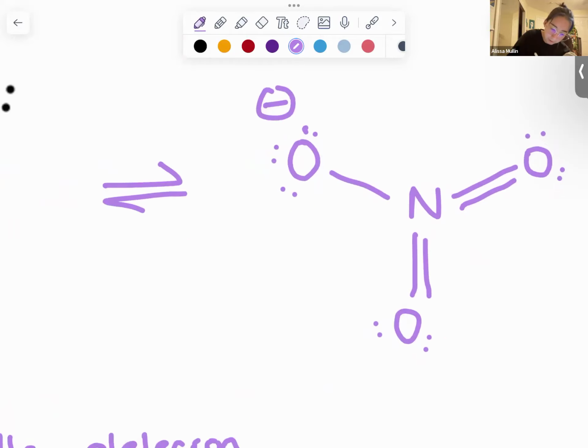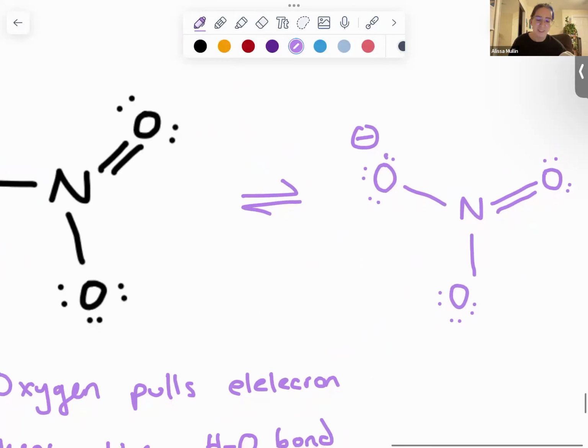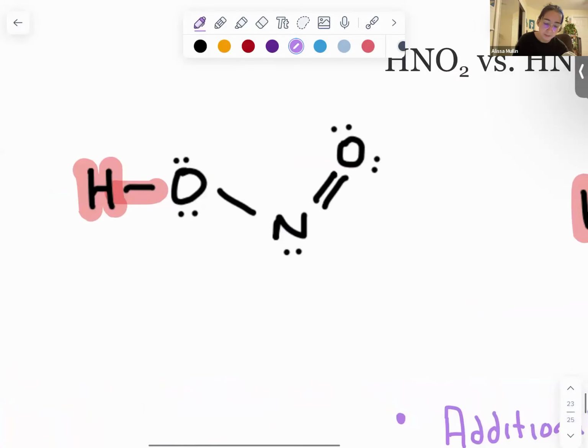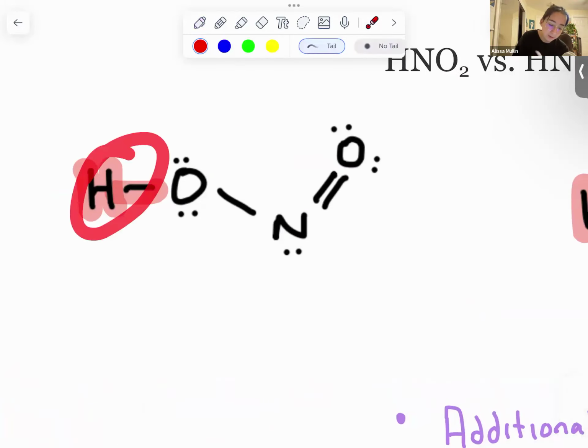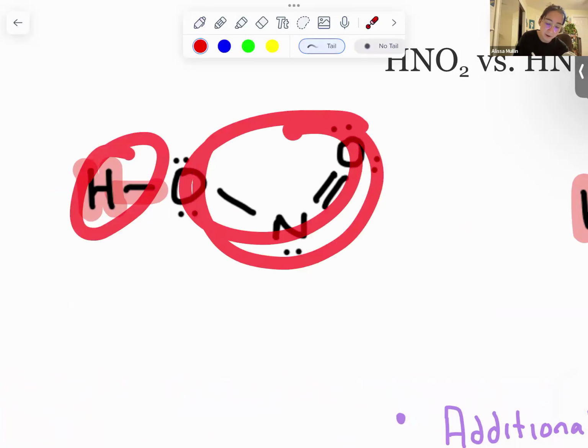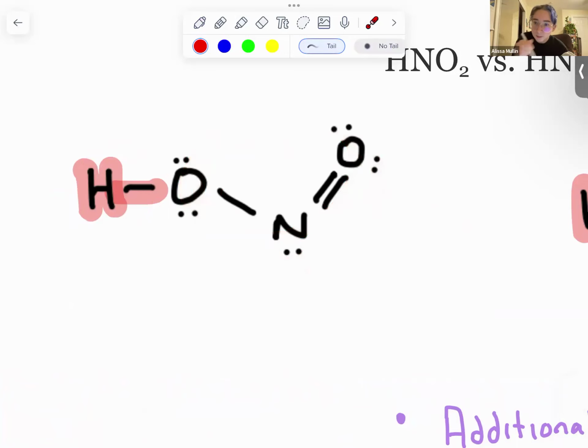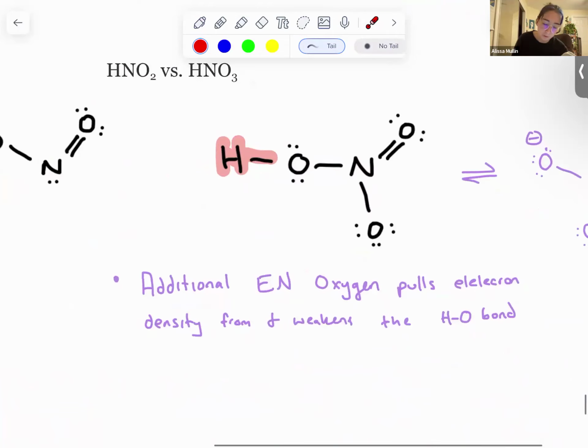So this could be in resonance with itself also. That single bond could be on any of these oxygens. So this has three different resonance forms, versus if we lost this proton and we're just left over with this part, that would just have two resonance forms. So this has more resonance forms.